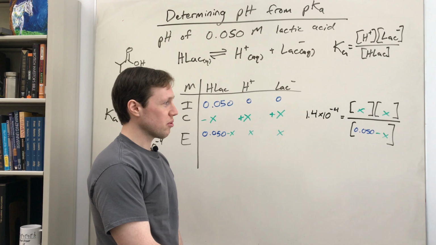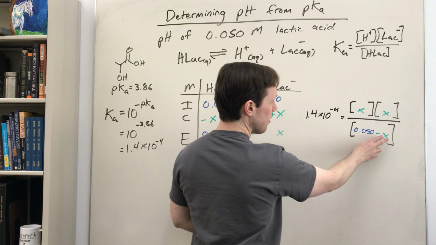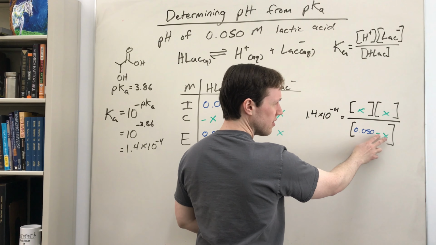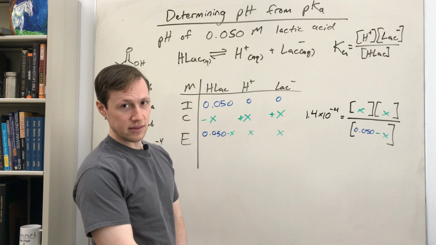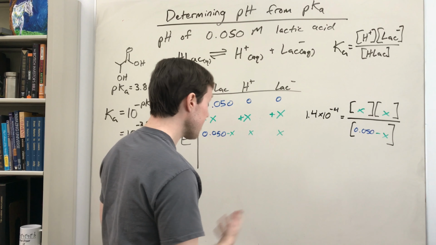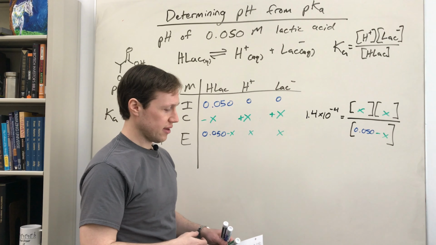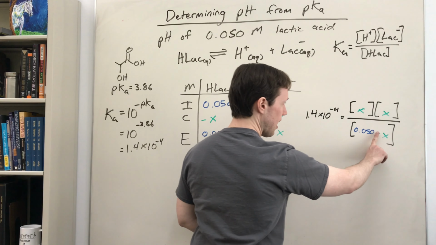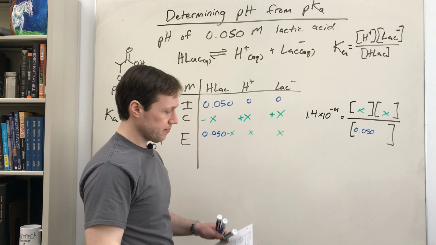You might recall when we were working with our acetic acid case, we said that we could really kind of neglect the amount of the conjugate acid that was being lost. Now, sometimes you can and sometimes you can't, but let's proceed through this problem to see what it would look like if we do that. So let's neglect that amount and solve.